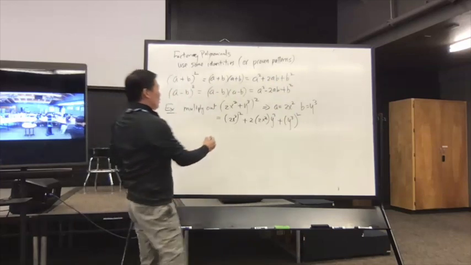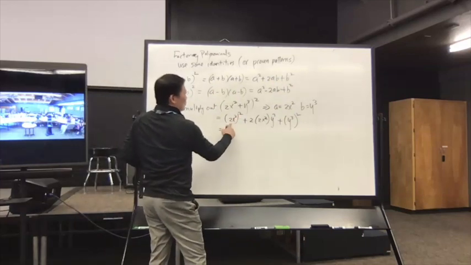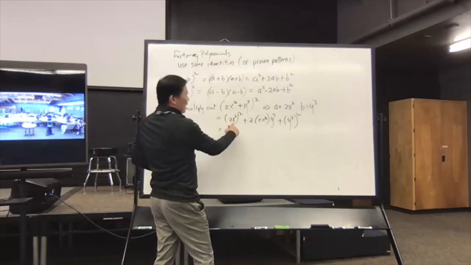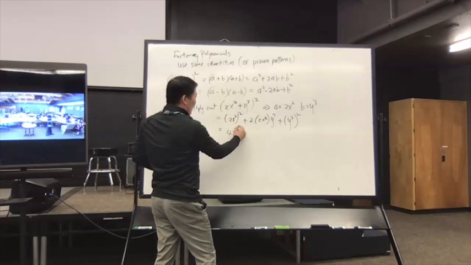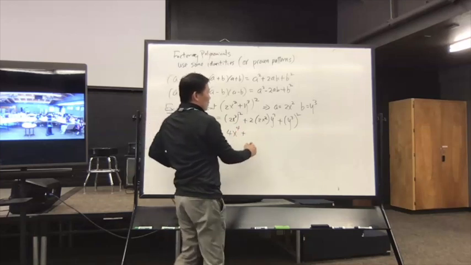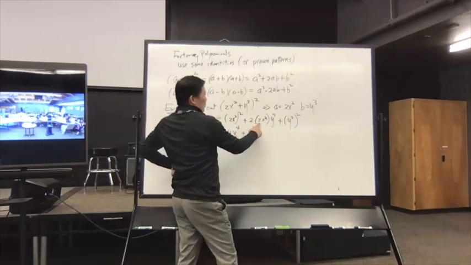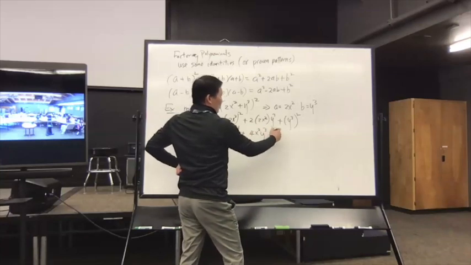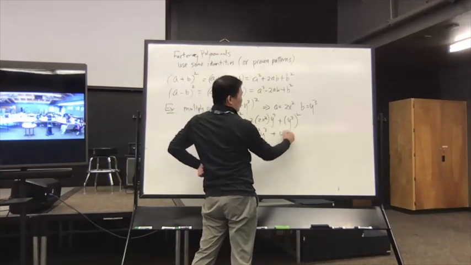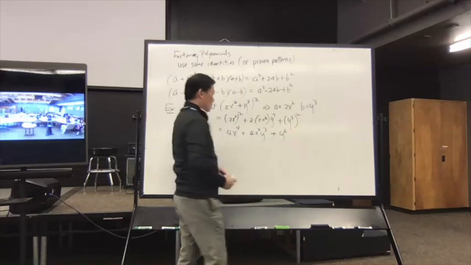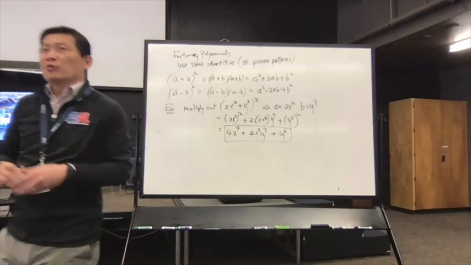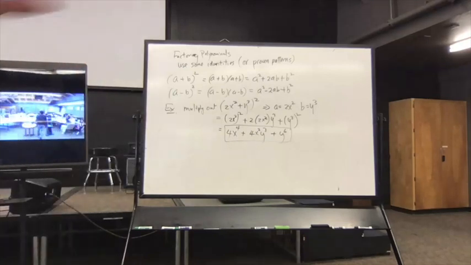And when you do so, 2x squared squared, 2 needs to be squared, so it's 4. x squared squared is x to the 4th power, plus 4x squared y to the 3rd power, plus y to the 6th power. So you can see the usefulness of using identities.